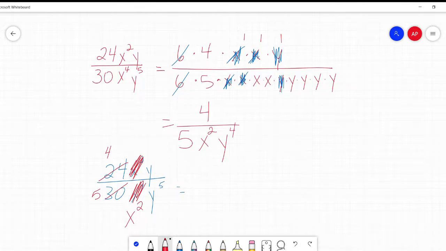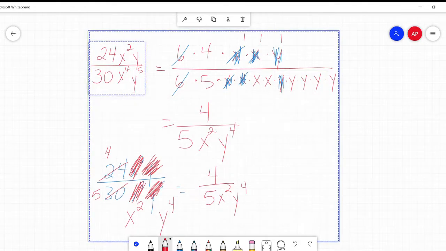Now for the y's, I can take out the least one. This one's 1 y, so that's what I can take out. I can't do more than that. There's 1 y on top, 5 on the bottom. I can get rid of 1 y on top and bottom. If I take that 1 y away, then it leaves no y's on top. And if I take 1 y from the bottom, it leaves 4 y's on the bottom. Same answer.